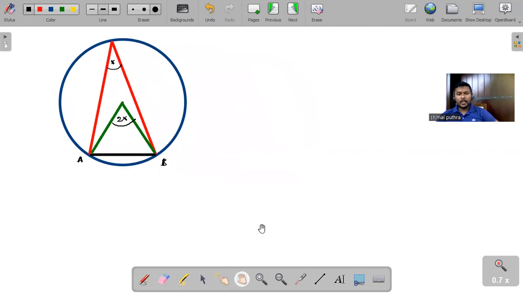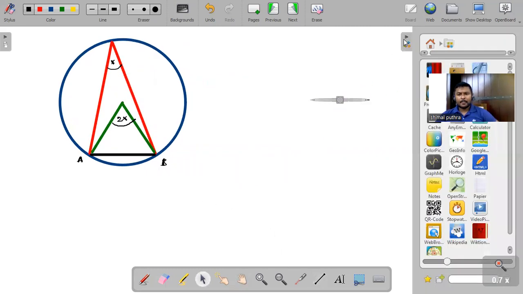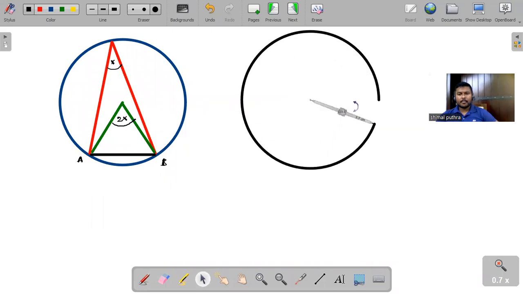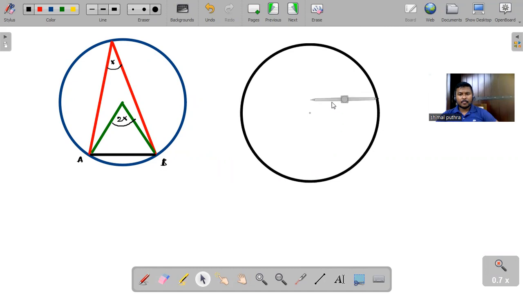I will give you an example. AB is a chord of a circle.